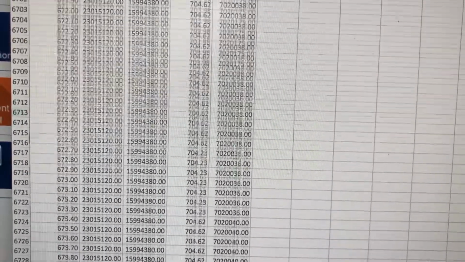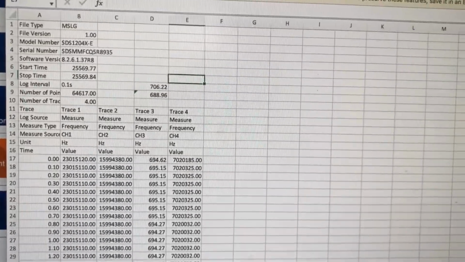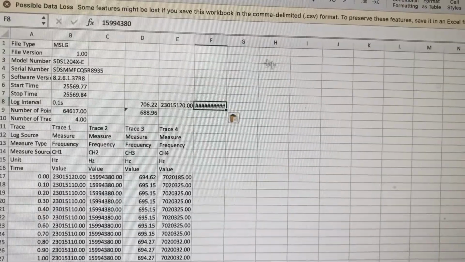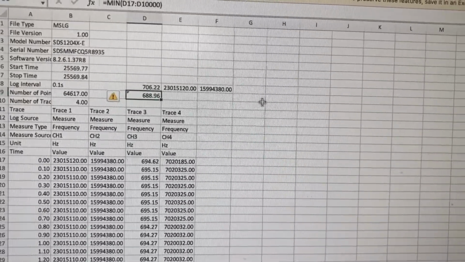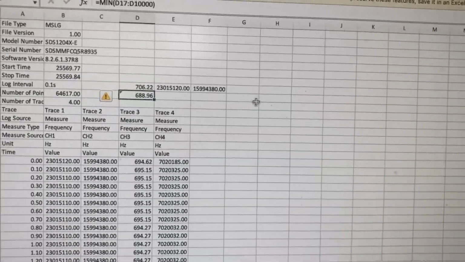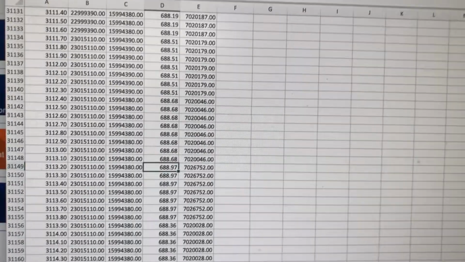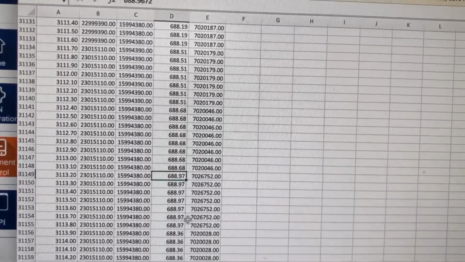So let's copy both of those all the way up here. And we'll make this column a little wider. Okay, and then let's find our 688.96, and we'll grab our values here.